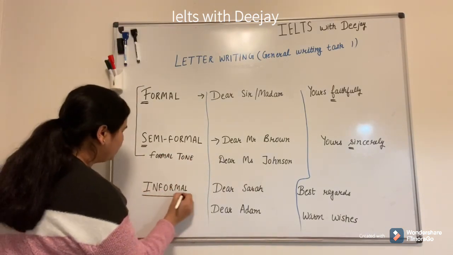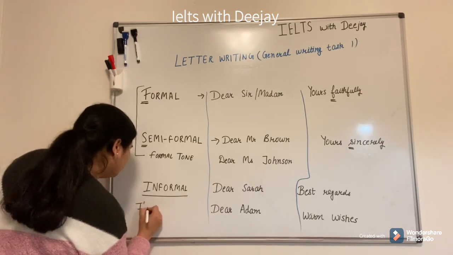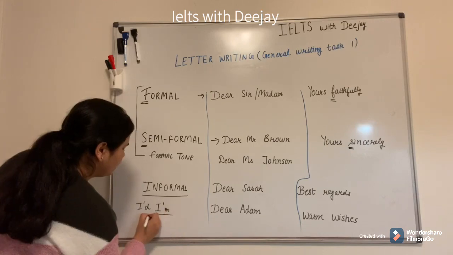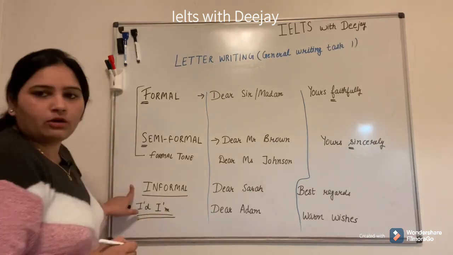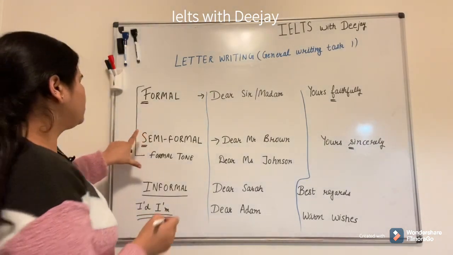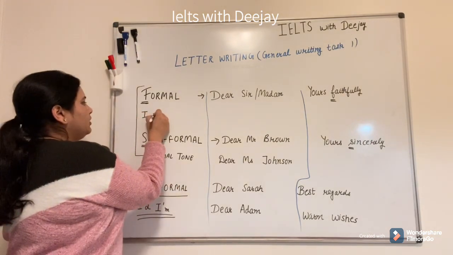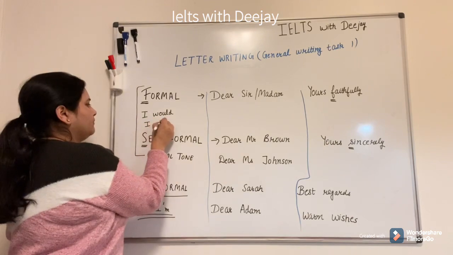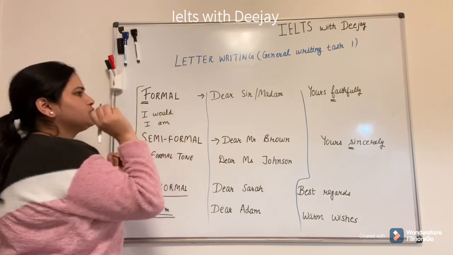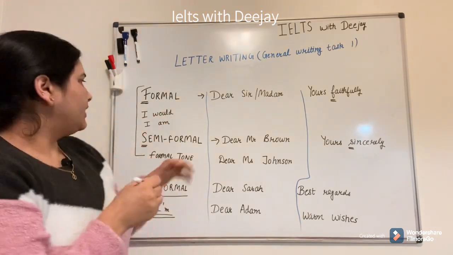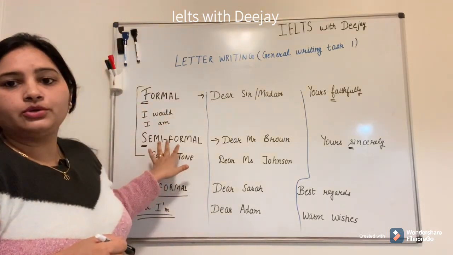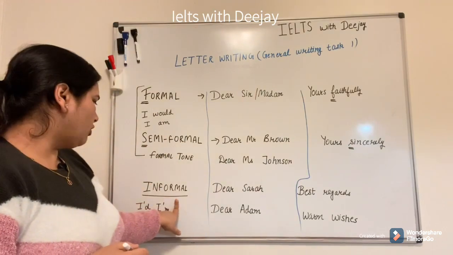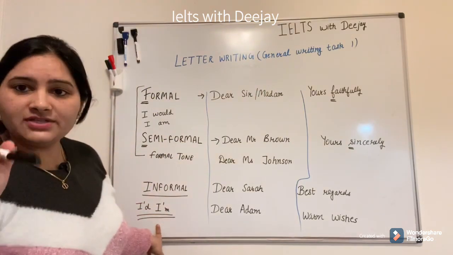In the informal letter, you can use contractions like I'm. These contractions you can use in informal, but in the other two, you have to write I would, I am. You can't use contractions in formal and semi-formal letters, and in informal, you can use contractions.